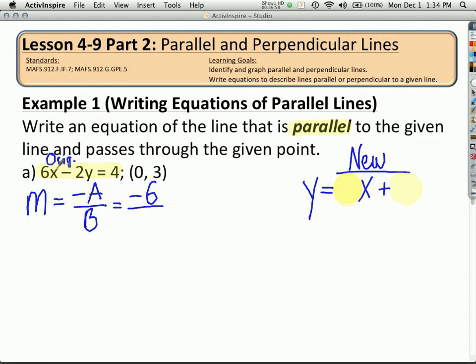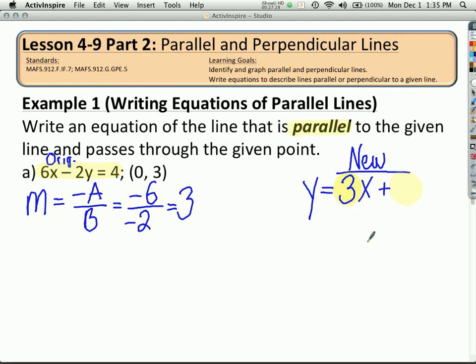Over b is right there. So, of course, that's that. Now simplify. Negative over a negative is a positive. 6 over 2 is, what does it come out to? Ethan? 3. So we get the slope of this line is 3, which means that the slope of this line has to be 3 because this line must be parallel to that one. So now we can put a 3 right there.